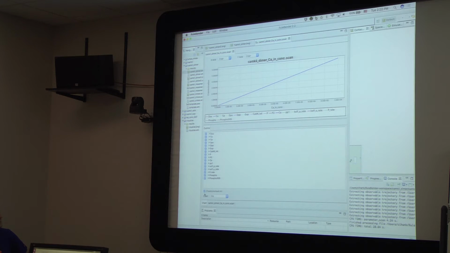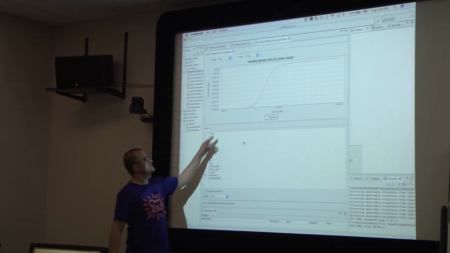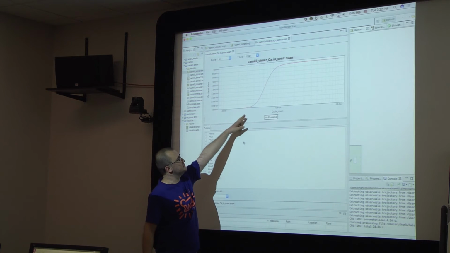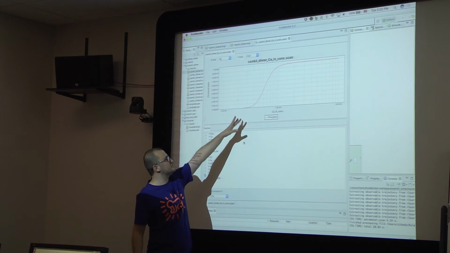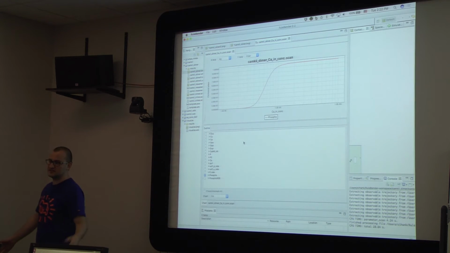So uncheck everything, and let's look at the phosphorylation. You want to see the log scale. You'll see that in the beginning there is no activity, but eventually if you increase the calcium concentration to a level around, let's say 10, you will almost get like 100% phosphorylated CaMKII.